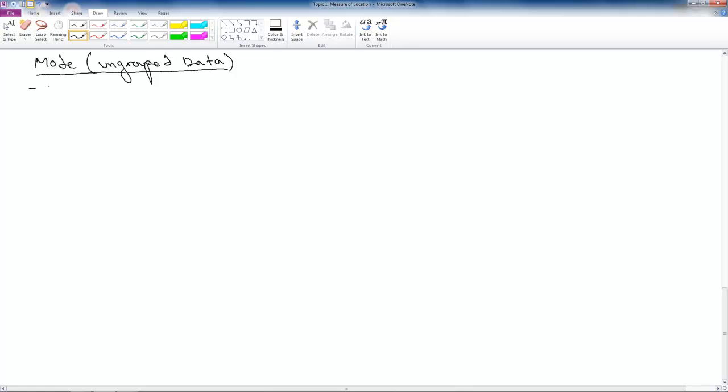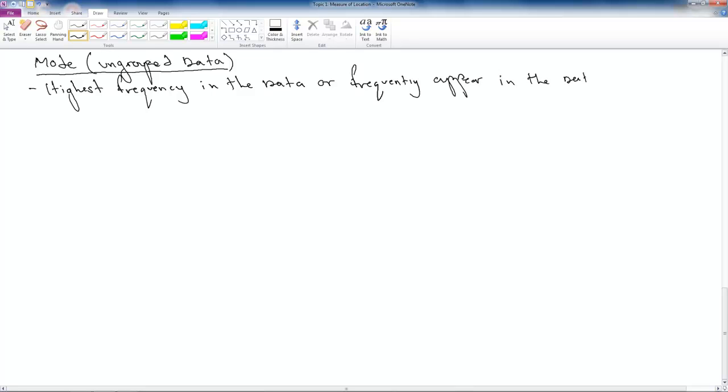It's just that you have a theory, which is the highest frequency in the data, or frequently appear in the data. Are we okay with that? Yeah, high frequency in the data or frequently appear in the data.